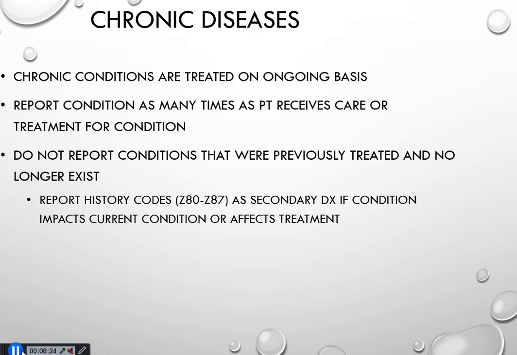His exam is looking at both of those organ systems. So you're going to code both diabetes and asthma. And in that instance, either one of those could have been the first listed diagnosis because they were both being treated pretty equally.